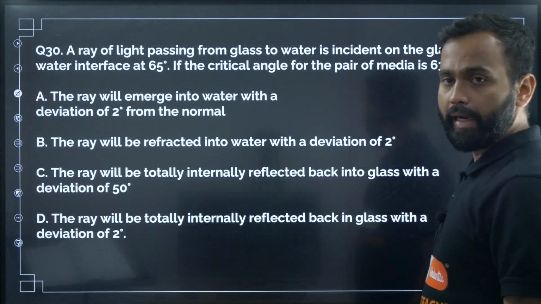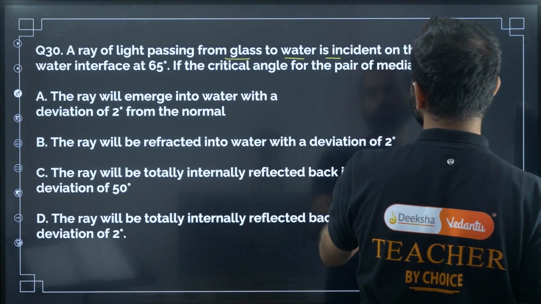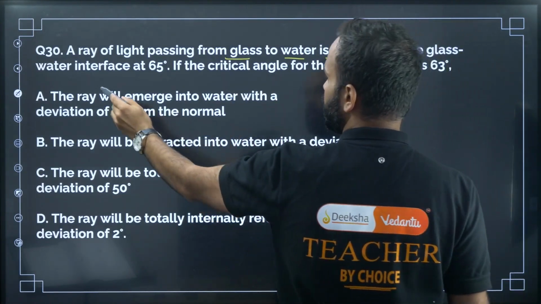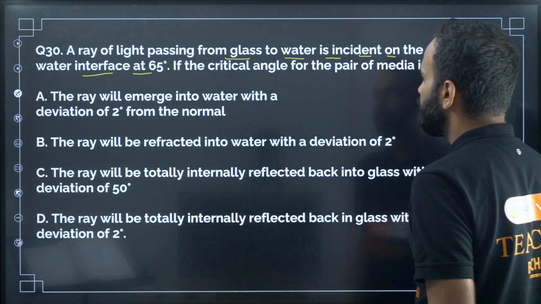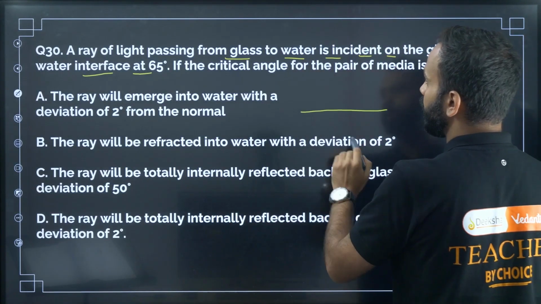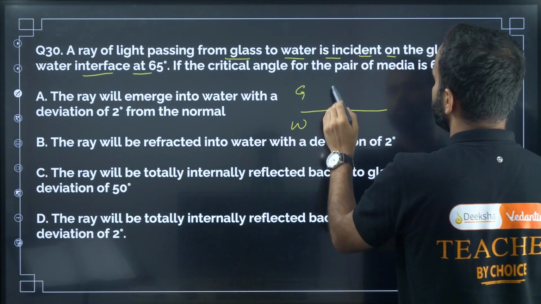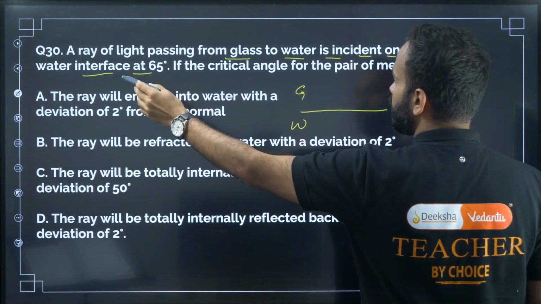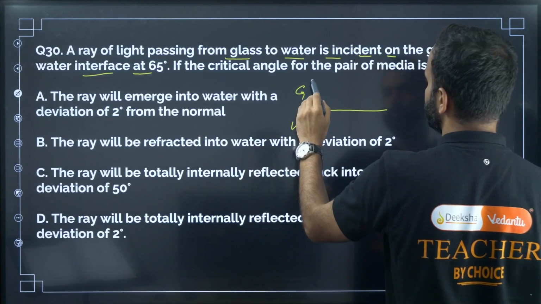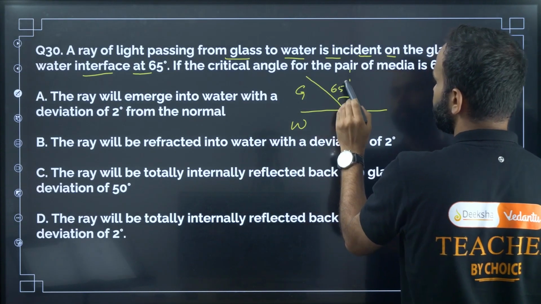And the last one. A ray of light passing from glass to water is incident on the glass-water interface at 65 degree.